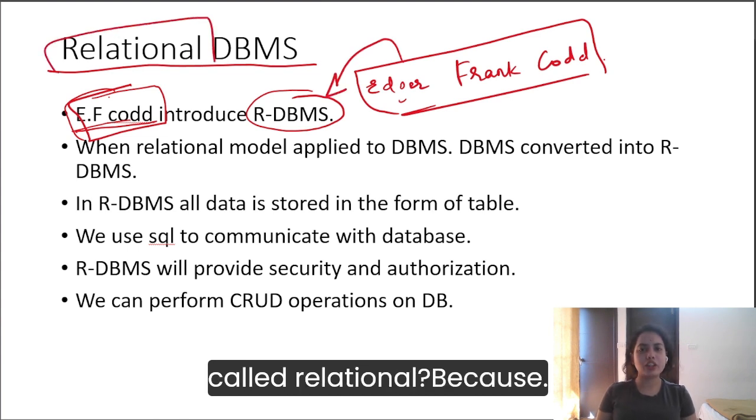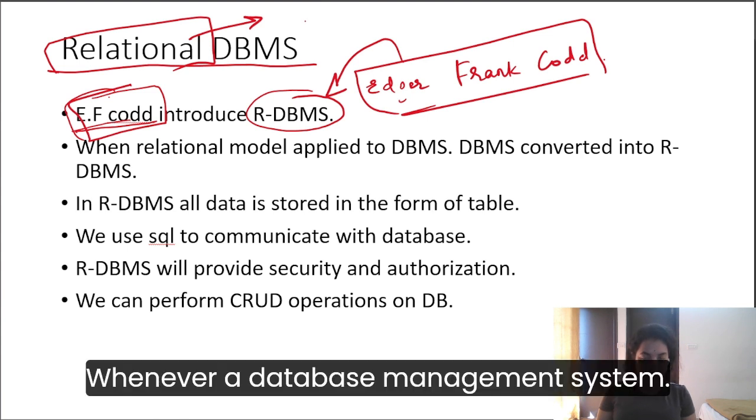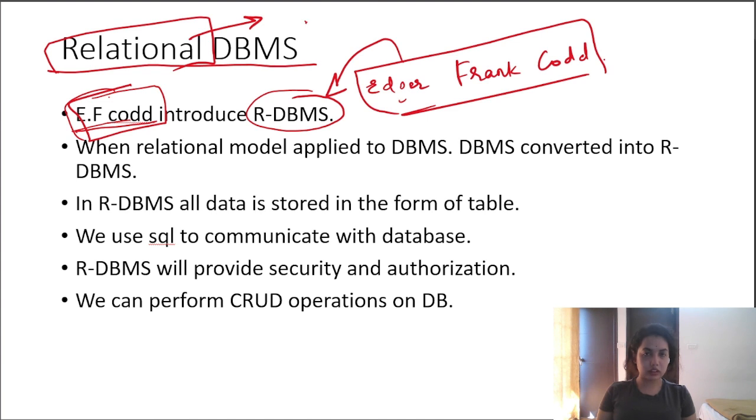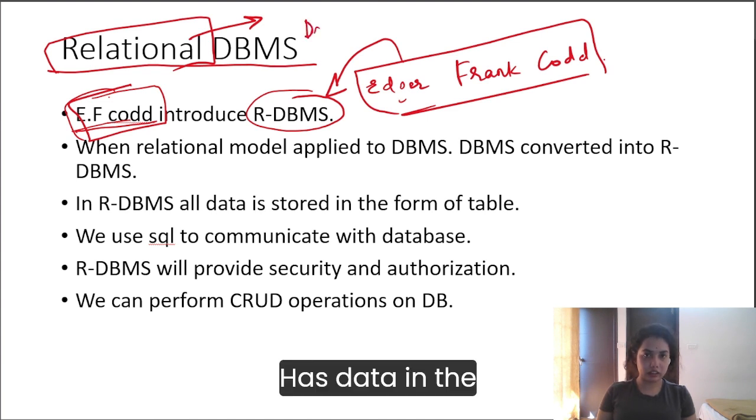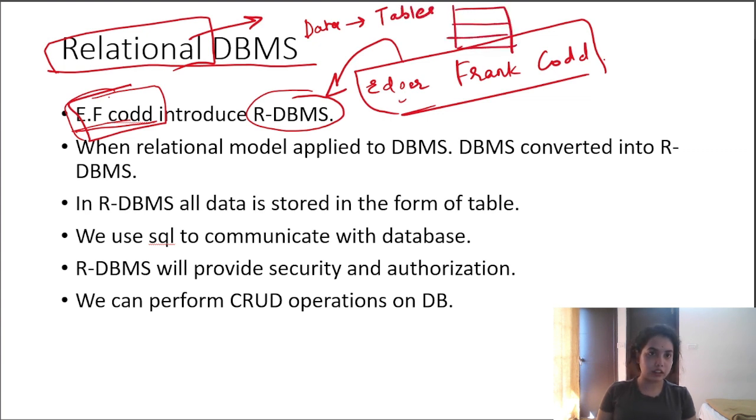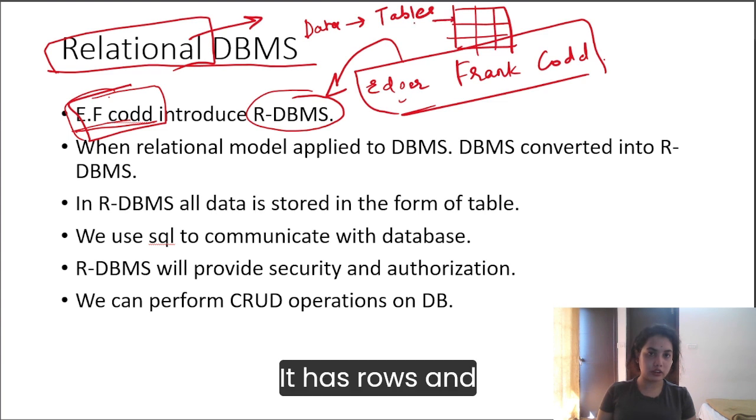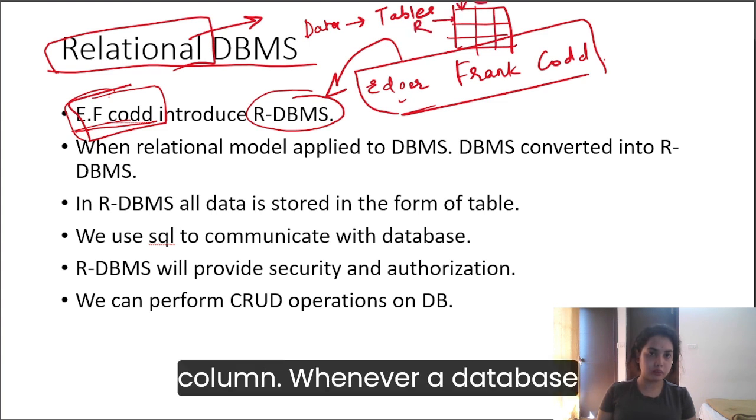Why is it called relational? Whenever a database management system has data in the form of tables, and what does a table have? It has rows and columns.